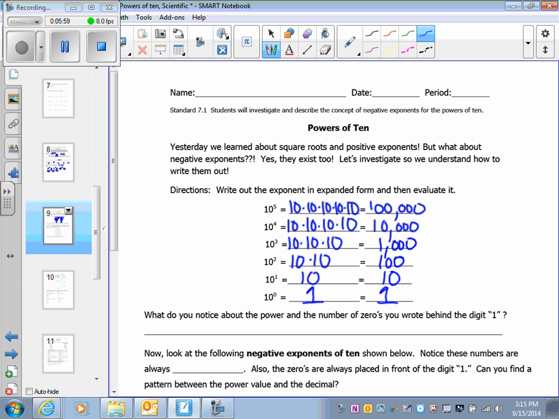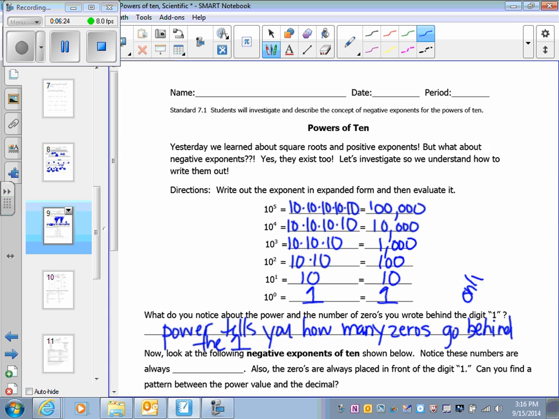It says, what do you notice about the power in the numbers and the zeros behind the digit 1? Well, as I told you the trick, the power tells you how many zeros go behind the 1. And again, this only works for the tens.